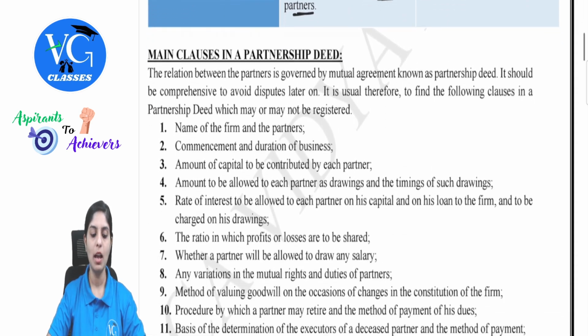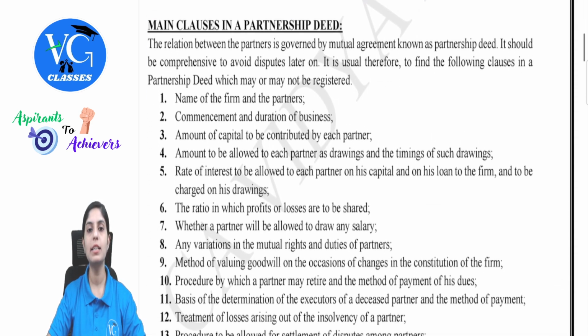Then next comes the partnership deed. Under that, some main clauses in a partnership deed. A partnership deed is nothing but a written agreement made by the partners mutually, which includes all of the points which have to be incorporated in the course of the business which is commenced.